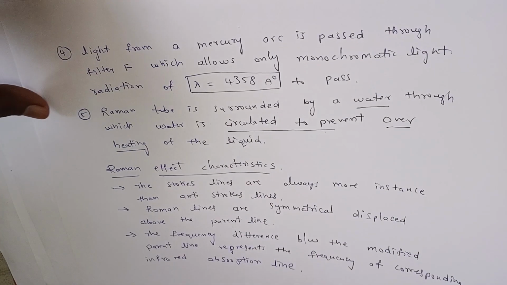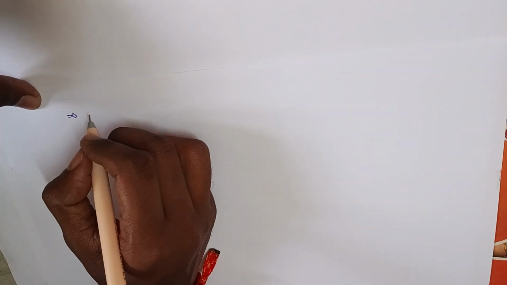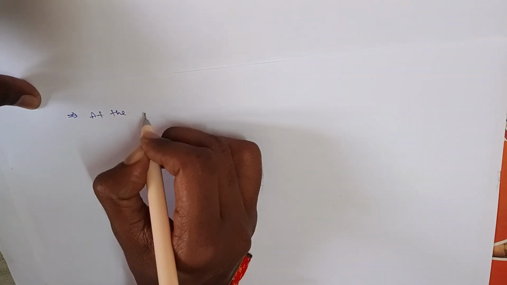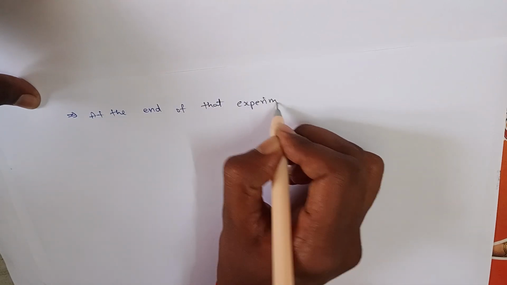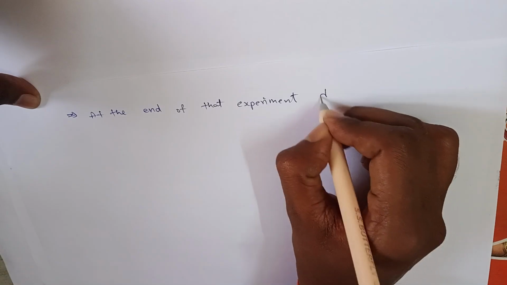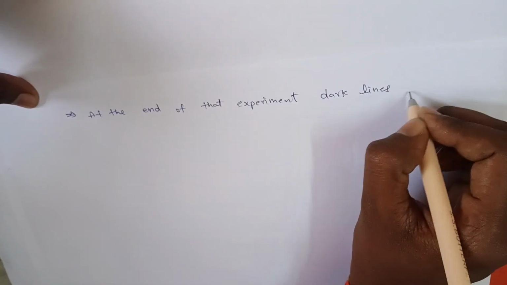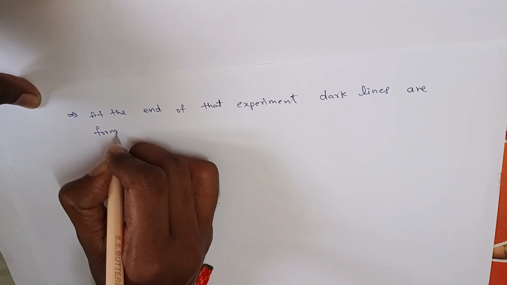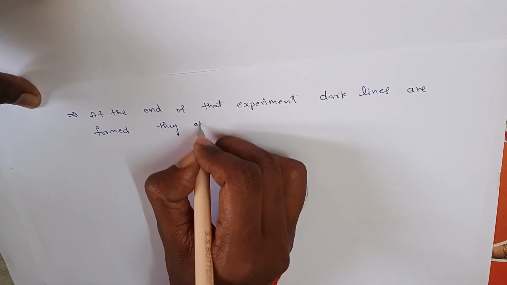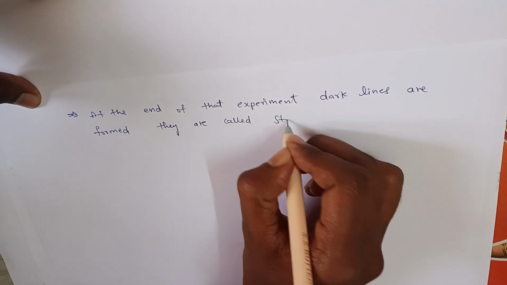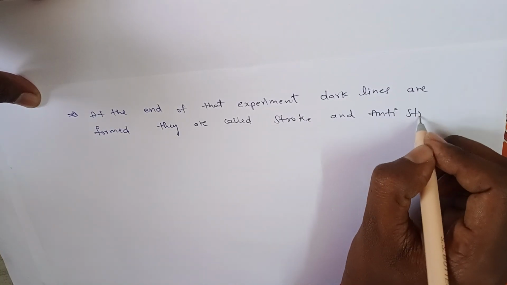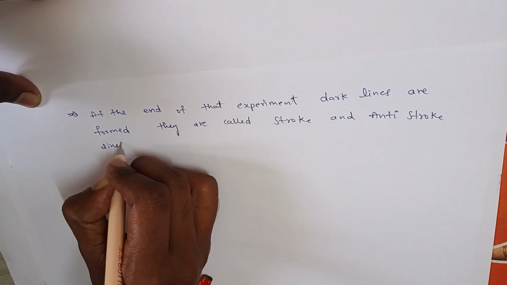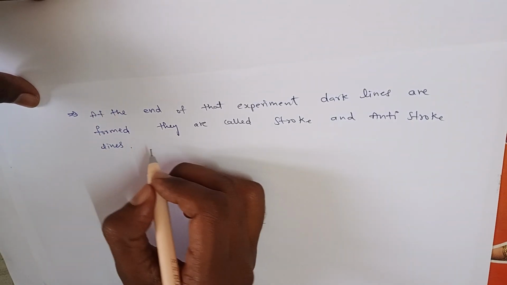We forgot one point at the end of that experiment: dark lines are formed. They are called Stokes and anti-Stokes lines.